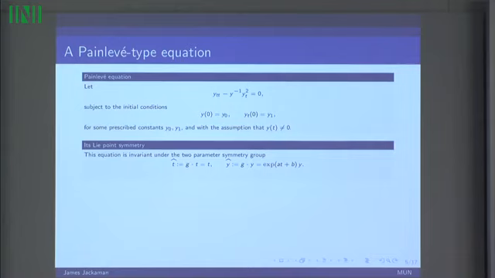Now this isn't the only symmetry for this problem; there's actually a much larger symmetry group that we could consider, but here I'm just going to restrict things to this two-parameter symmetry to make this talk a bit clearer and easier to understand, and also because it leads to some quite nice numerical results.